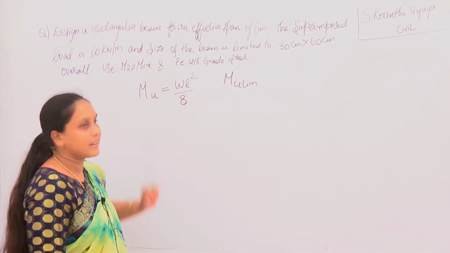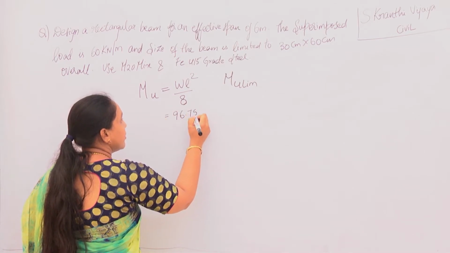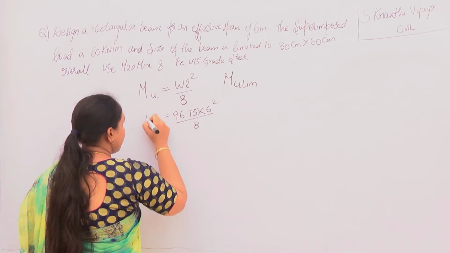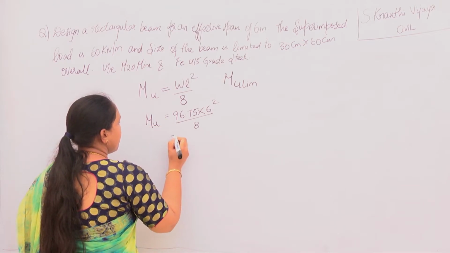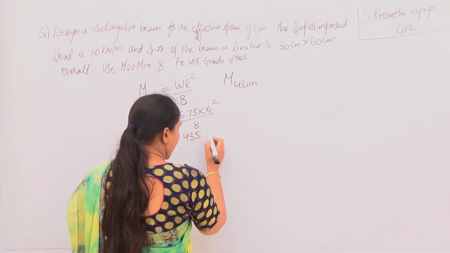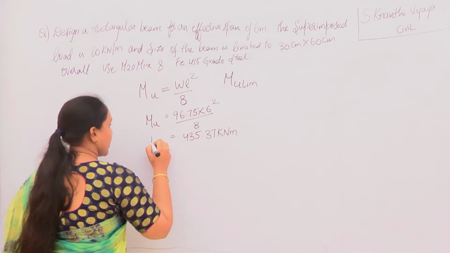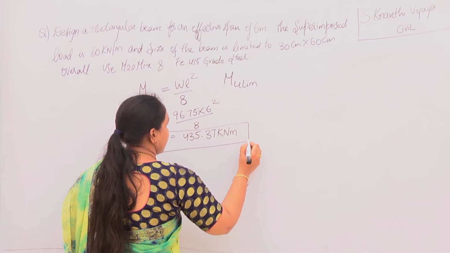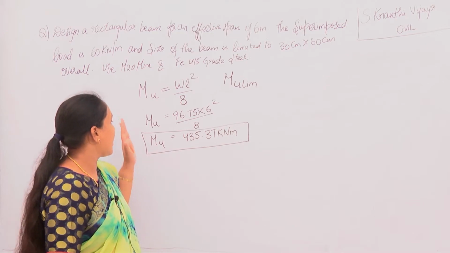What is the factored load value we got here? 96.75 into 6 whole square divided by 8, which will give you the maximum bending moment value, which is 435.37 kilonewton meters. So this is the value you got for Mu, which is 435.37 kilonewton meter.